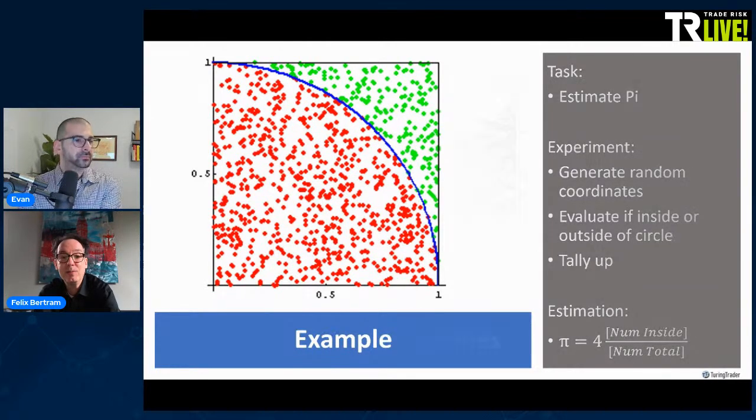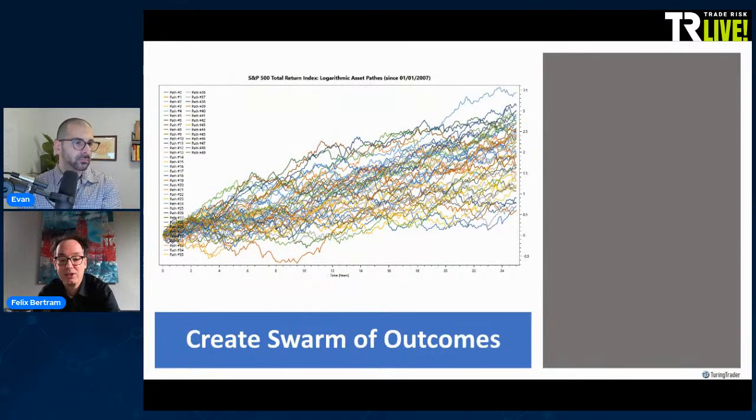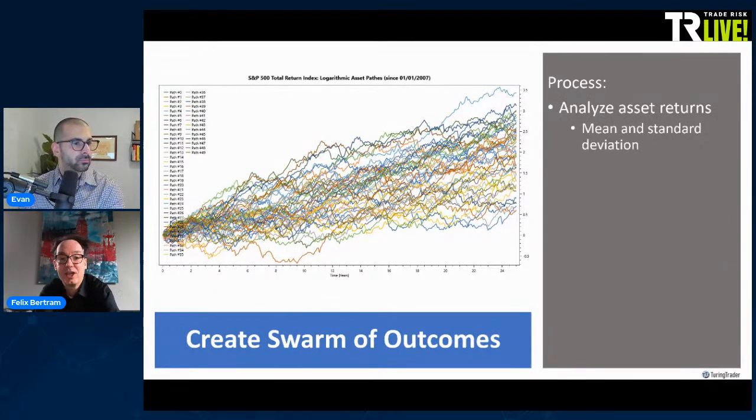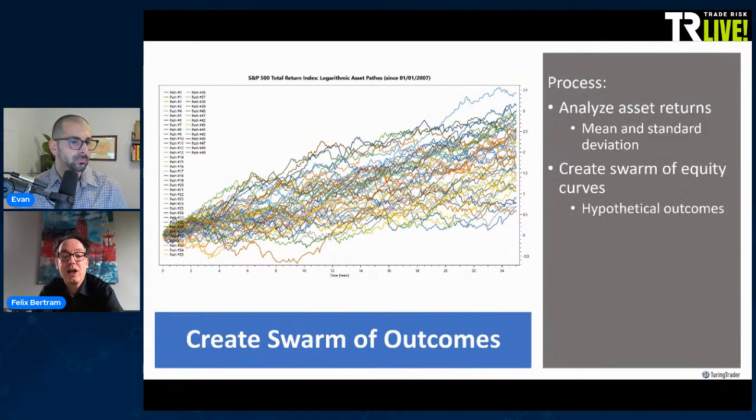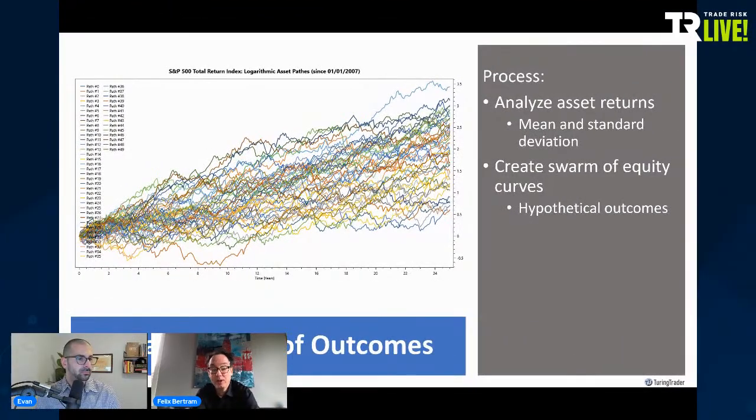And we can do similar stuff when looking at stock markets. So here's the S&P 500. What I've done here is, first I've analyzed the asset returns, specifically the mean and the standard deviation. And now I've created a swarm of equity curves. None of these have ever happened in the past, and probably none of them will happen in the future, but they may.